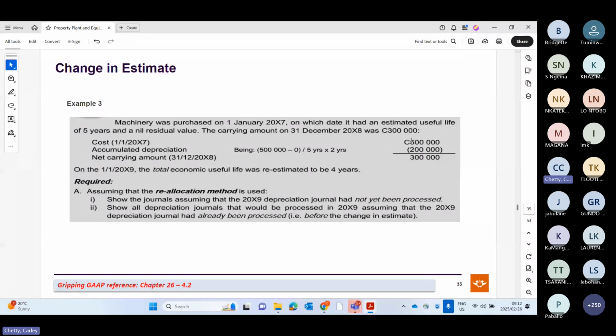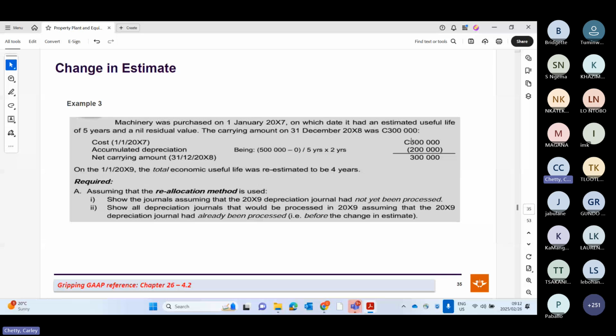So we had depreciation for 2007, which was 100,000, and depreciation for 2008, which was another 100,000, and that gave us 200,000, the accumulated depreciation for those 2 years. That was based on the estimate that was available at the time.